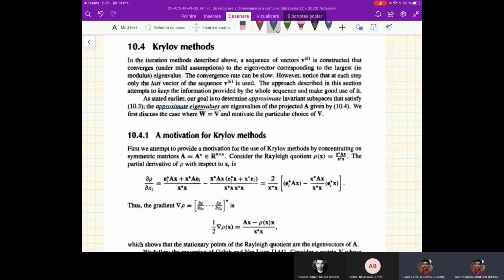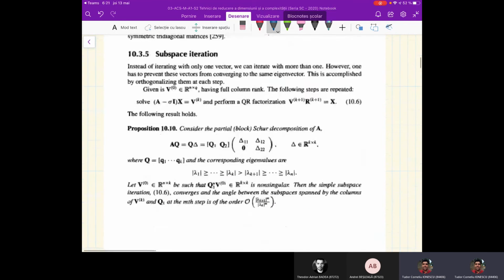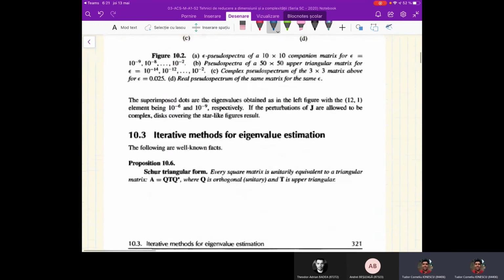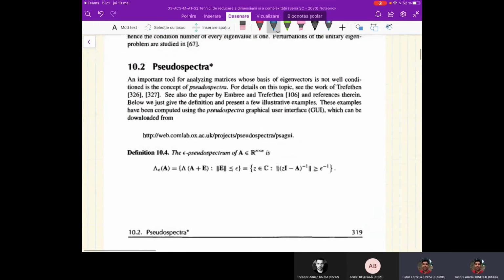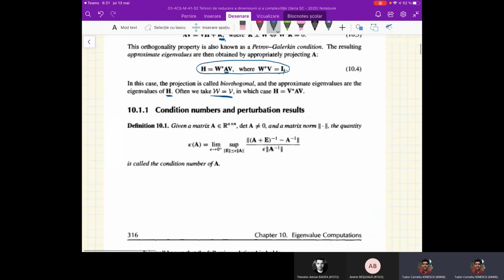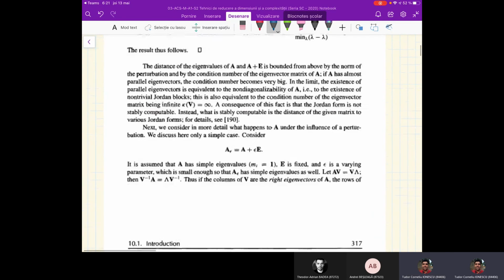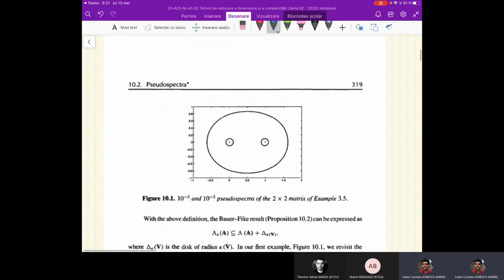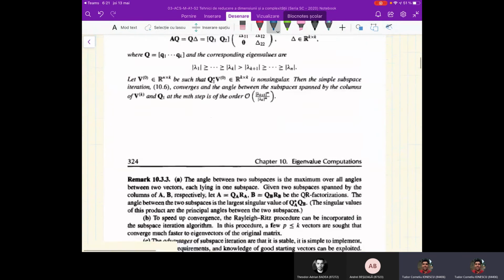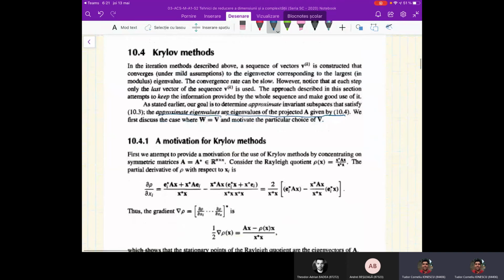The approximate eigenvalues are the eigenvalues of the projected matrix A given by 10.4. Let's go back to the relation 10.4. By this relation, you can compute, again, to approximate eigenvalues.